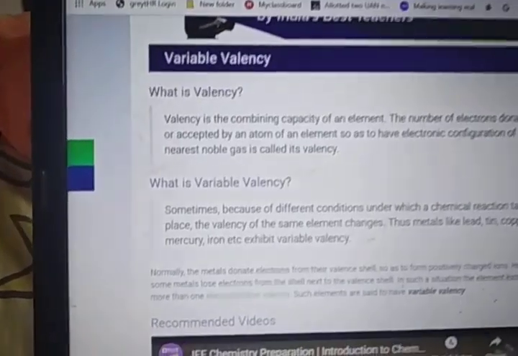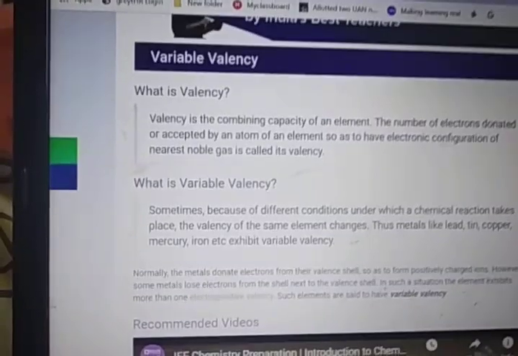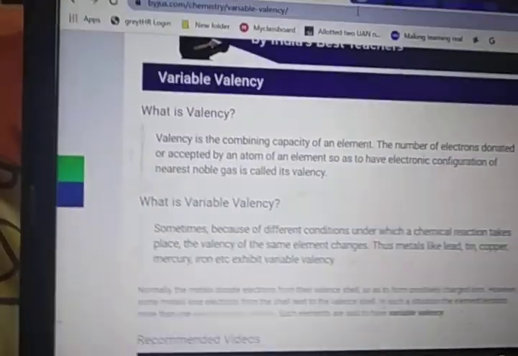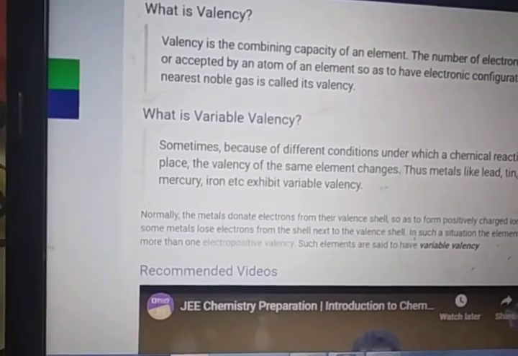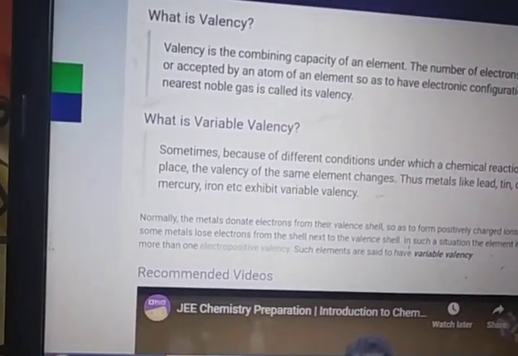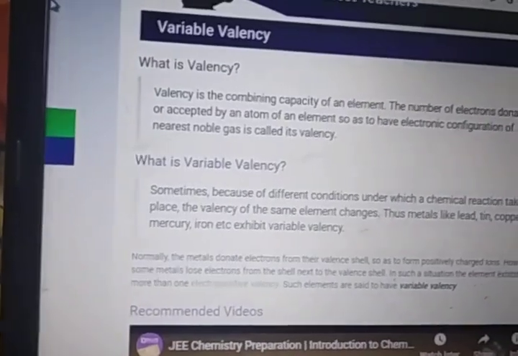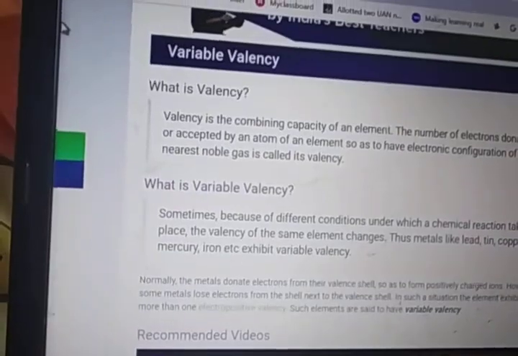So valency basically is the combining capacity of an element, and variable valency is how an element would combine with some other element in different ways. We know that iron combines as +2 and +3.